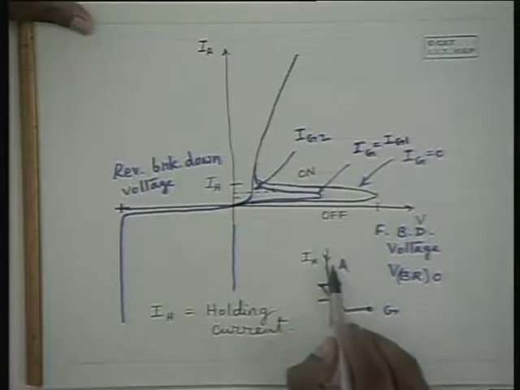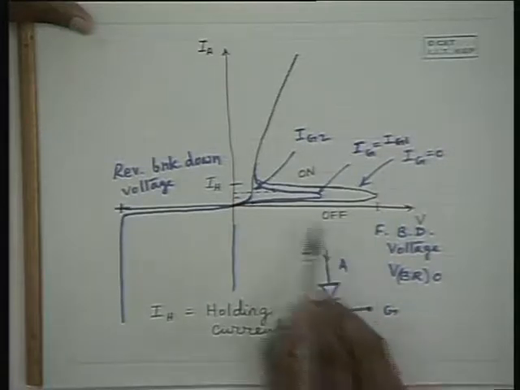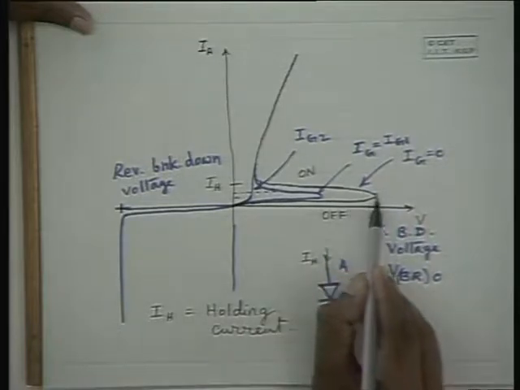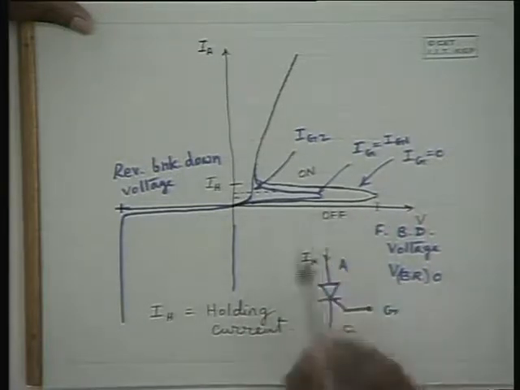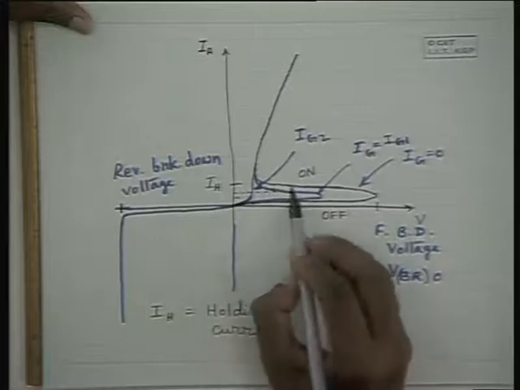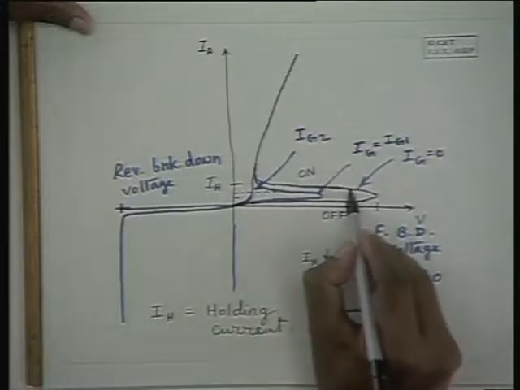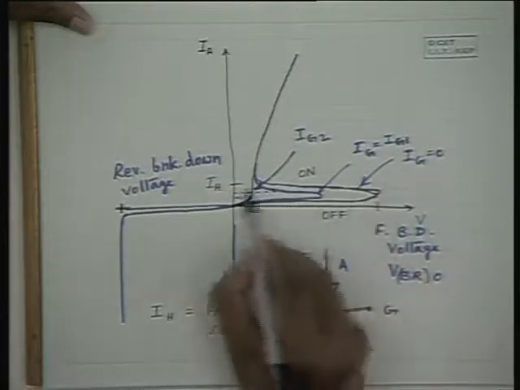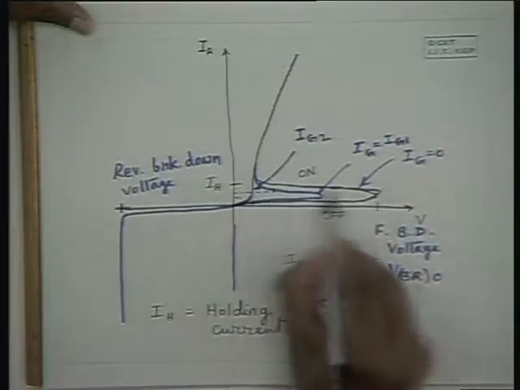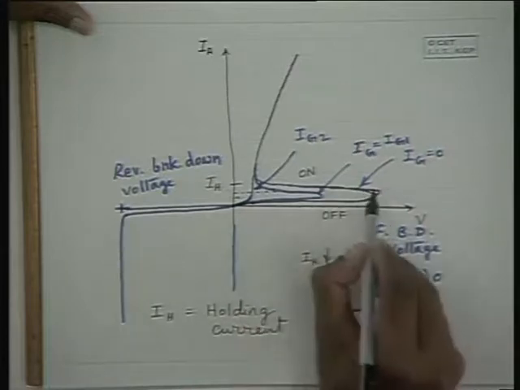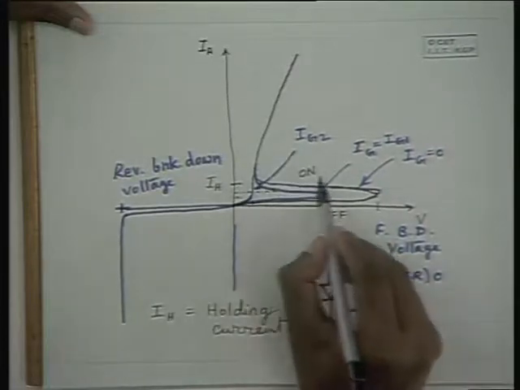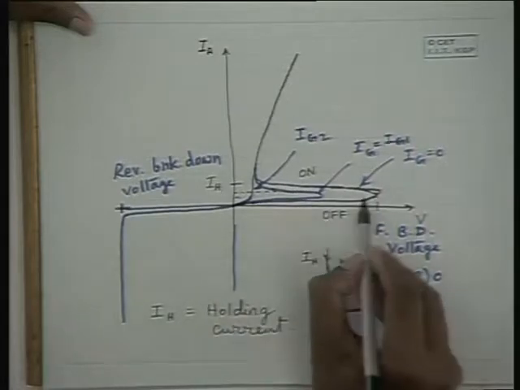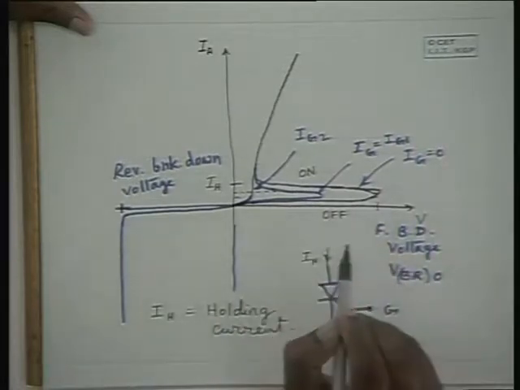But it's not necessary that you make it 0. If you make it less than this holding current, then it goes into off state, because the current is almost constant here as the voltage is varied. Once you go below this holding current, the operating point goes onto this side.